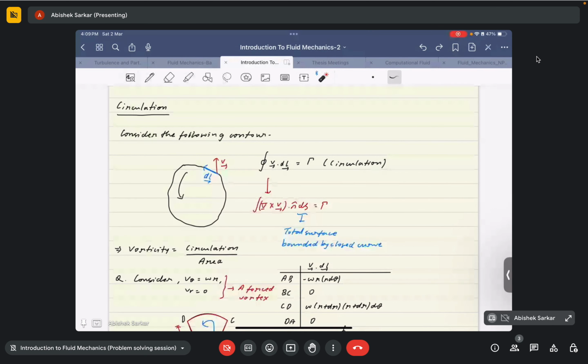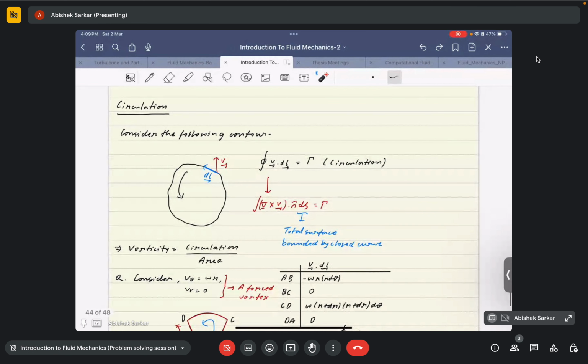Then the closed line integral of the dot product of the velocity vector and dl, since we are already considering a line integral, represents the circulation of the flow field for this particular domain.